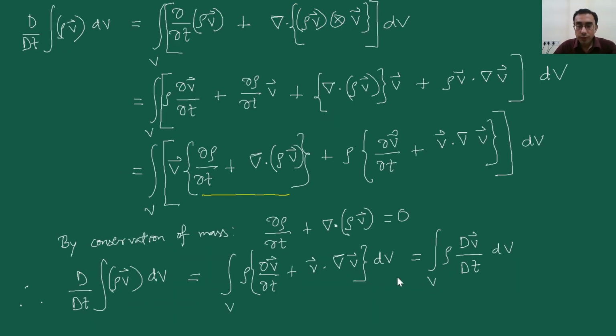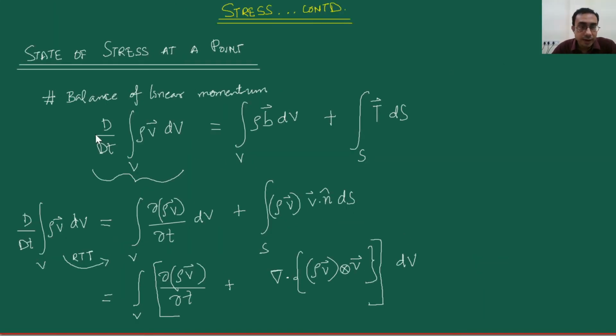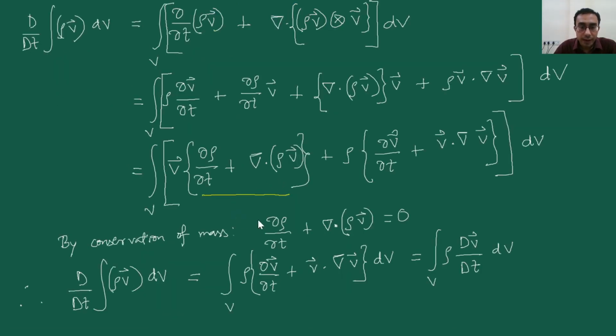So when we do all of this, we end up with this thing, and this is what I meant when I initially said that we have to consider the balance of linear momentum, and you will see that the balance of mass is inherently used here. We have actually used the conservation of mass, so we end up with this particular expression.